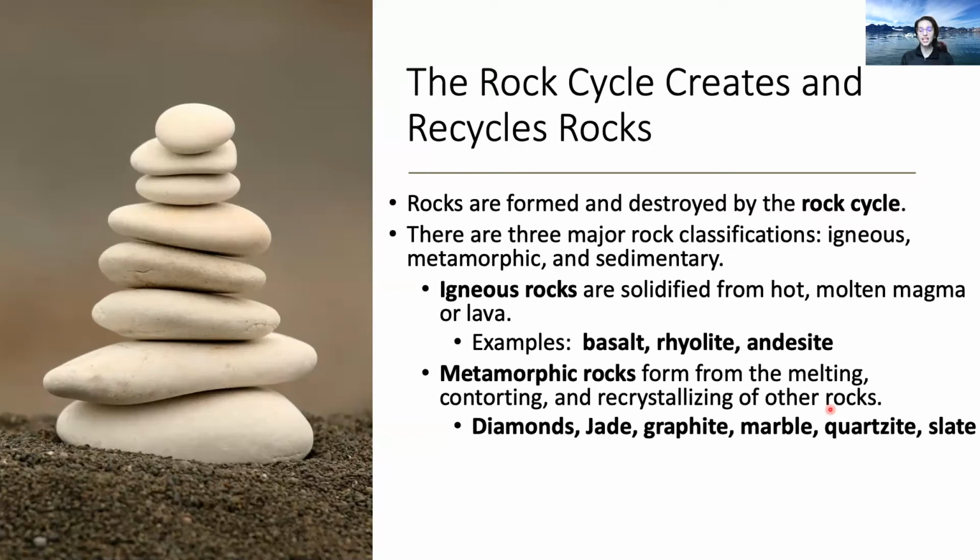And that combination of high temperatures and high pressure are going to squeeze and fold, heat, and transform solid rock into other forms of rock. Basically, it changes what it looks like and also the chemical composition of those rocks. And so examples of this include diamonds, jade, graphite, marble, quartzite, and slate.